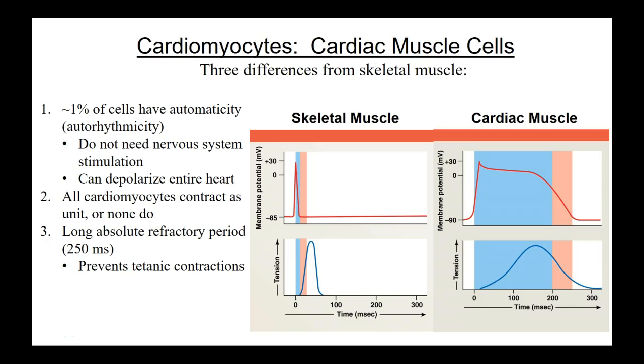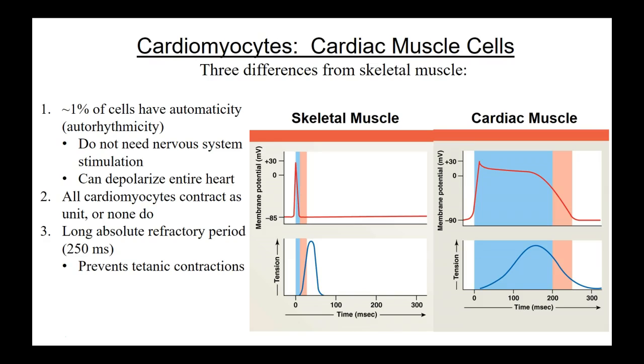So it makes sure that we don't get, say, abnormal contractions, right, that happen haphazardly. So here, the other part is the tension that it generates, right? So here, the tension we get from skeletal muscle, right, is really quick, but it's sustained with cardiac muscle.